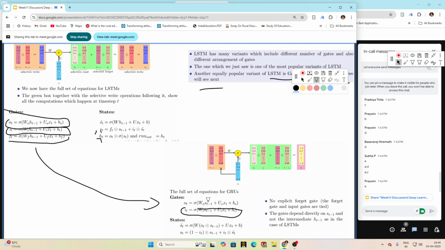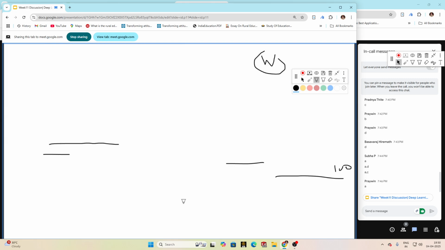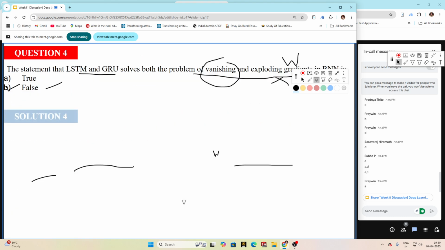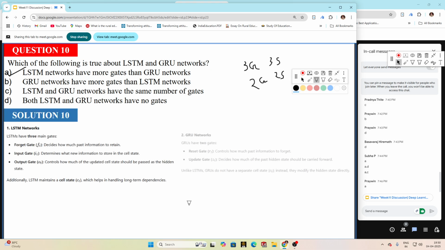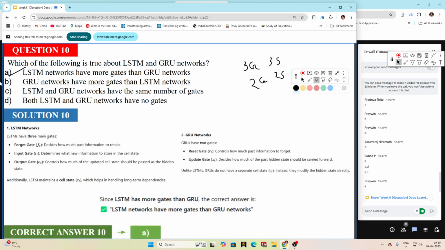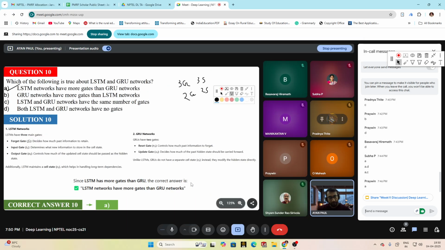So GRU has fewer gates than LSTM, or LSTM has more gates than GRU. So option A is the correct answer. Is it clear to all of you?